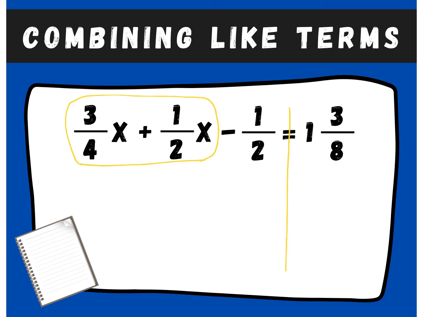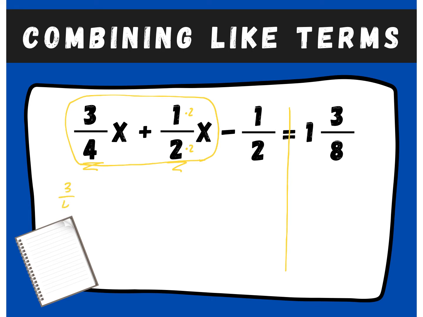Now, if you think back to your fraction rules, we really cannot add those two fractions unless they have common denominators. I know that I've got 4 and 2, so an easy denominator would be 4. Now, the first fraction already has a denominator of 4. The second one is the one that needs to change. So if I multiply the numerator and the denominator both by 2, I'll end up with a denominator of 4.